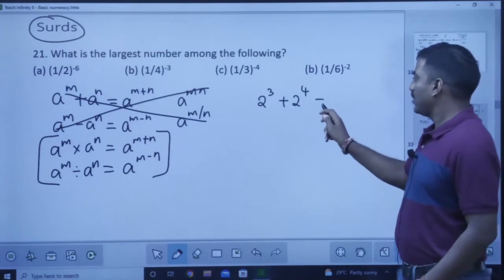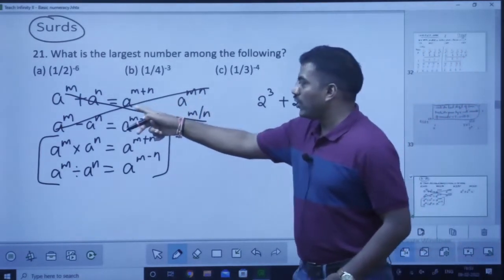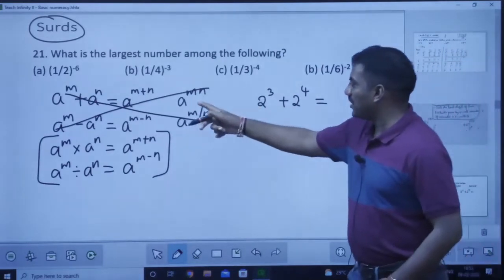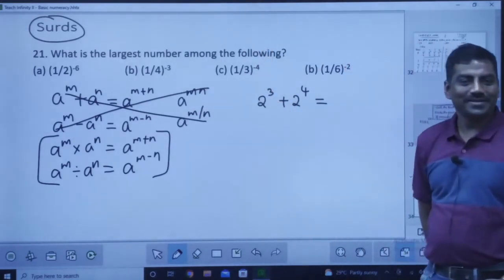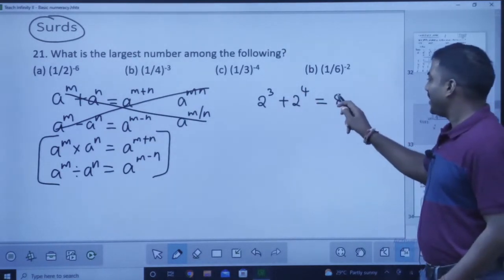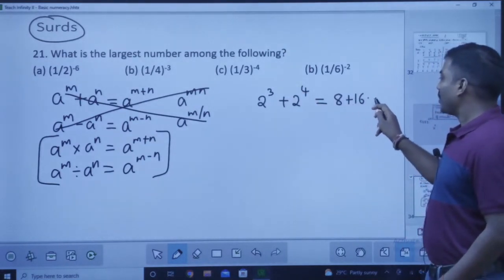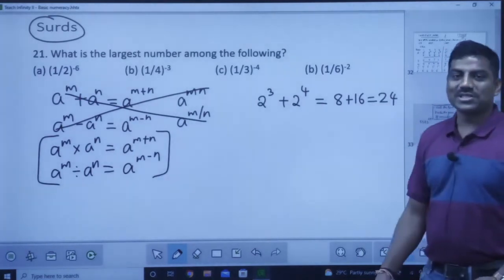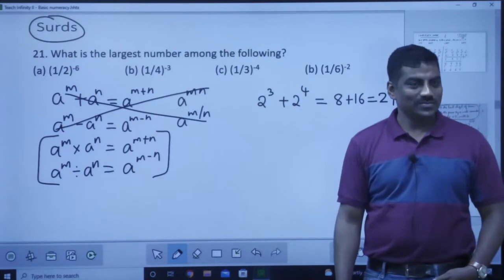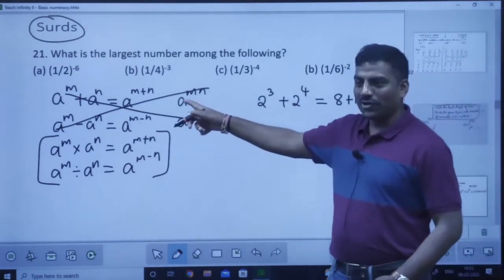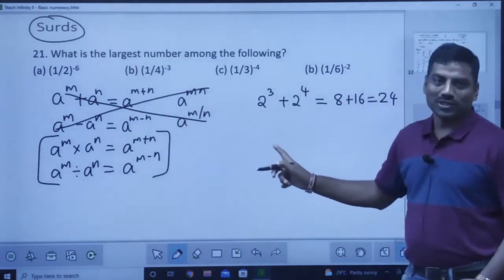According to one person, I have to get 2 to the power of 7. According to one more person, I have to get 2 to the power of 12. But what is the real value? 2 to the power of 3 is 8 plus 16. Totally 24. I cannot express this 24 in terms of powers of 2. So there is no shortcut for this. Even for this, there is no shortcut.